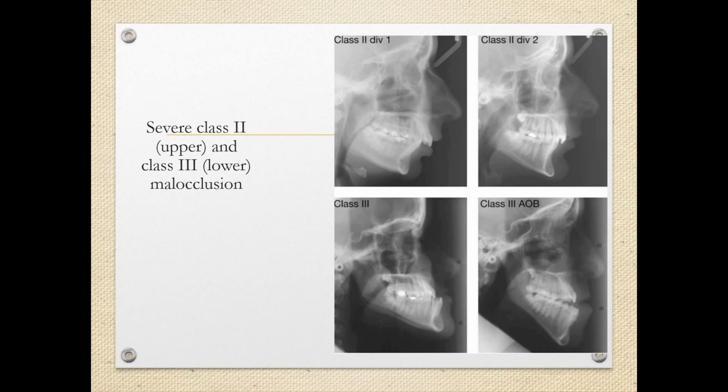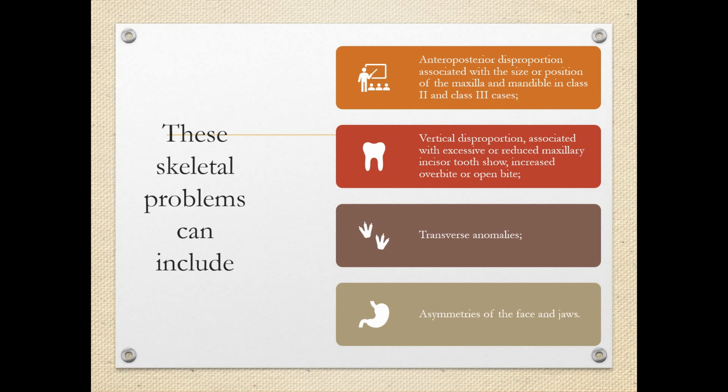These skeletal problems can include anterior-posterior disproportion associated with the size or position of the maxilla and mandible in class 2 and class 3 cases, vertical disproportion associated with excessive or reduced maxillary incisor tooth show, increased overbite or open bite, transverse anomalies, and asymmetries of the face and jaws.